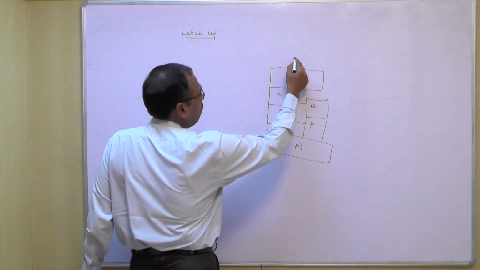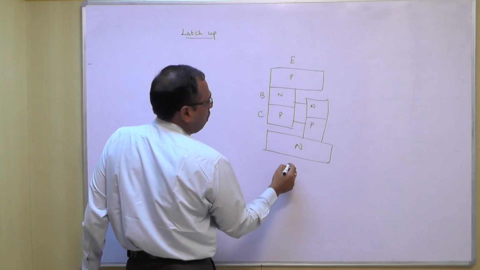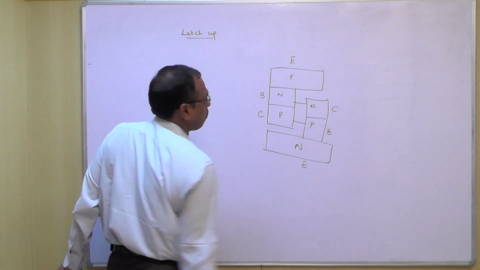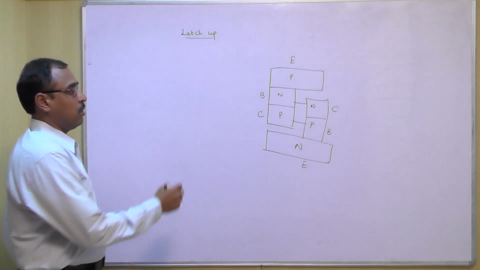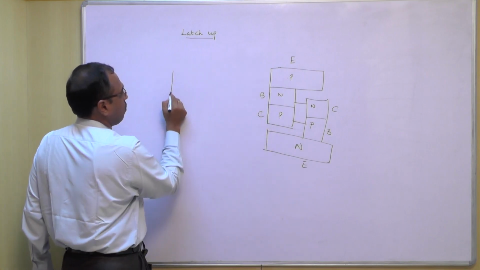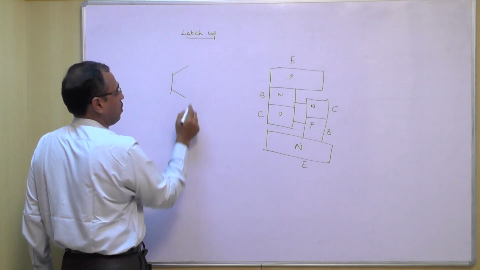This becomes emitter, base, collector. Here also emitter, base, collector. So now we can model this as one PNP bipolar transistor.